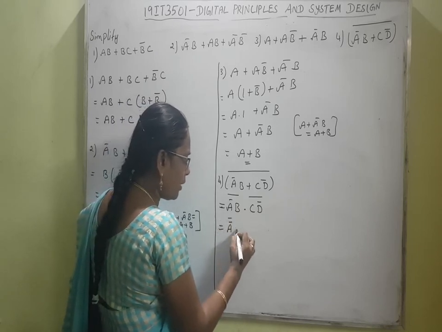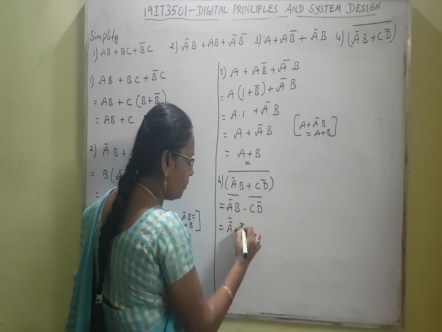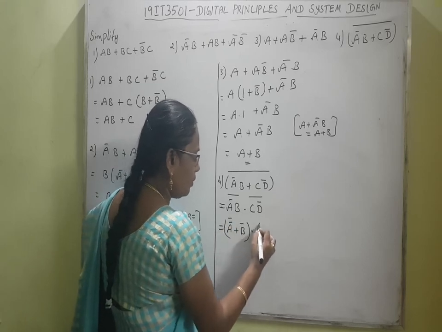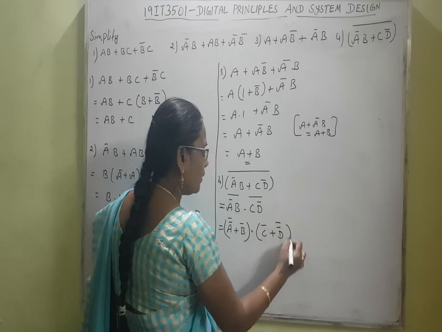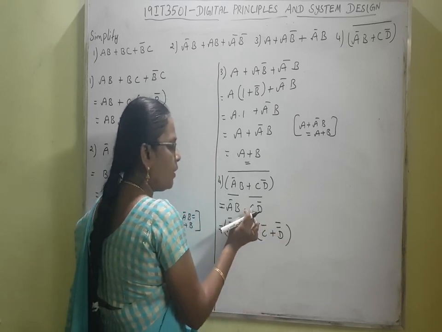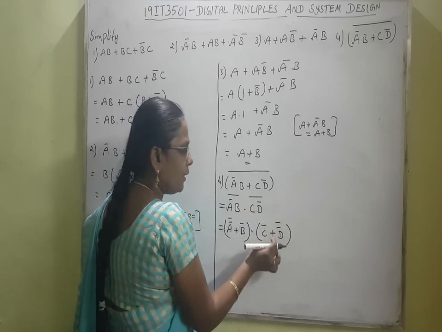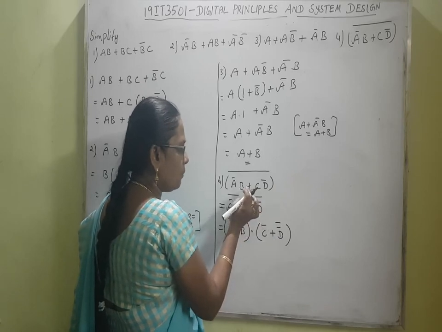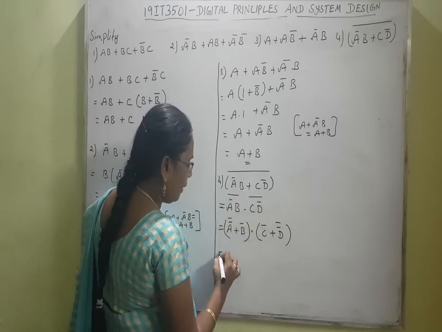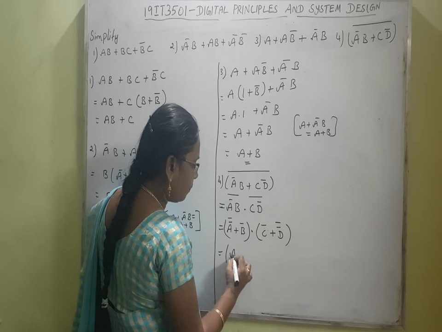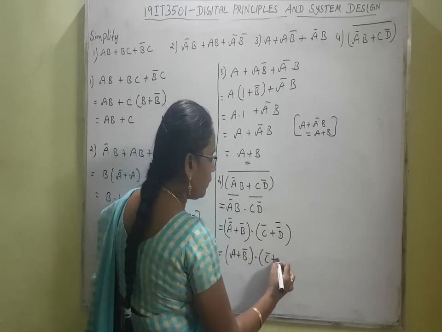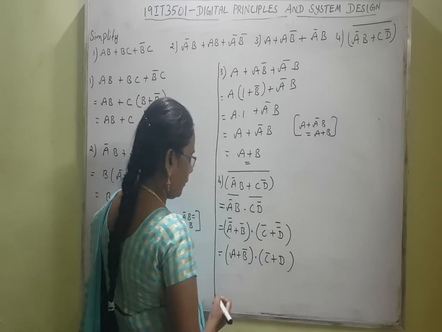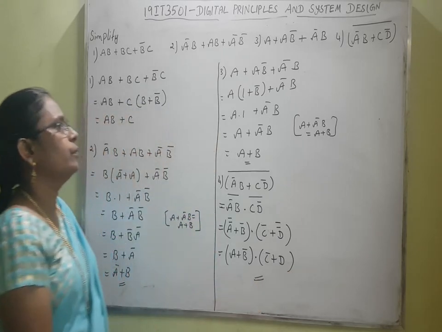That will be A bar bar plus B bar into C bar plus D bar bar. Because if there is a product, it becomes a sum, and if there is a sum, it becomes a product. A bar bar is equal to A. So that is equal to A plus B bar into C bar plus D. This is the answer.